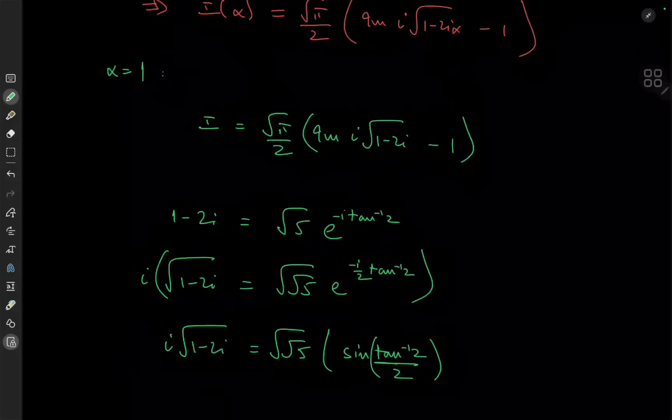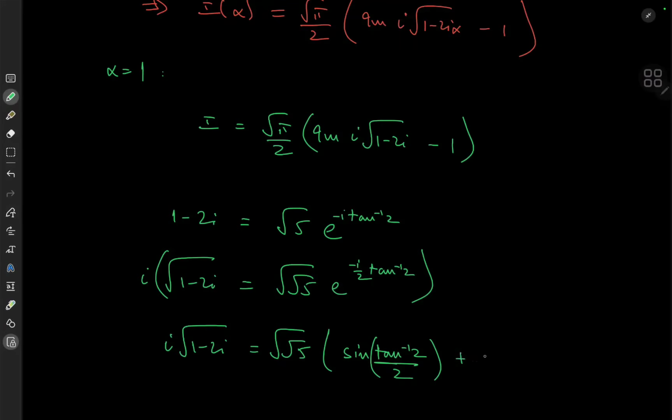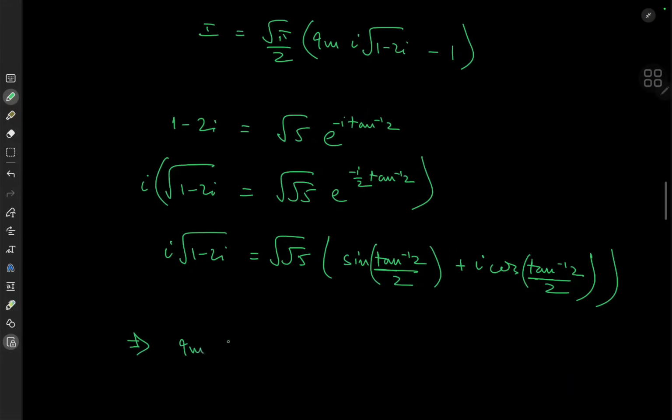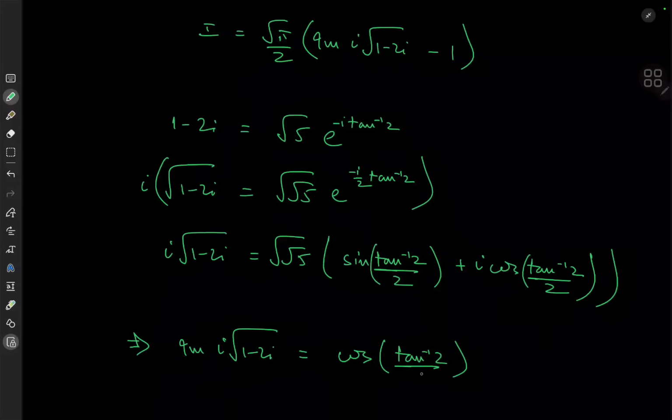And the imaginary part would be plus I times cosine of arctangent 2 over 2. And we're interested in the imaginary part, so this implies that the imaginary part of I times root, terribly sorry about that, 1 minus 2I is equal to the cosine of arctangent of 2 over 2.